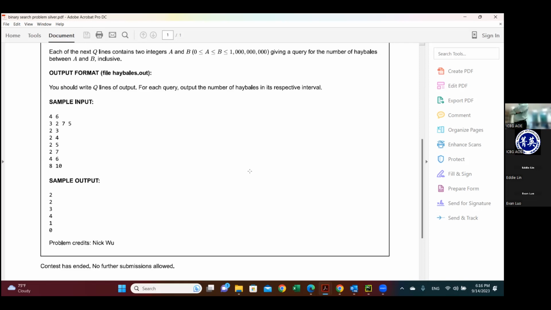Right, so let me explain. This is actually about trying to find the things in between. Binary search is for you to quickly find where the target you're searching for is.